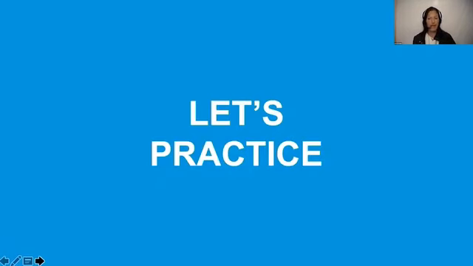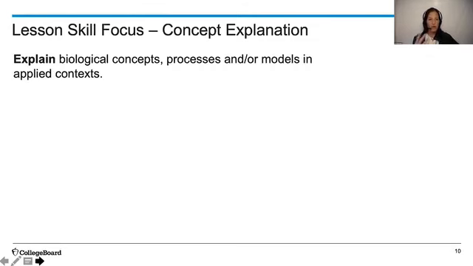So let's practice this. What I have is a question that we're going to look at using this skill. The skill we're going to be focusing on is concept explanation. And what that means is we're going to be asked to explain biological concepts, processes, and/or models in applied contexts.